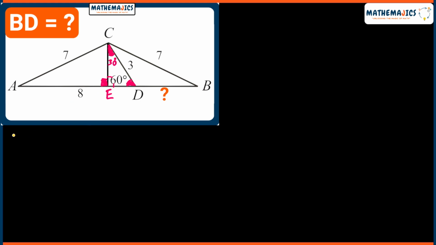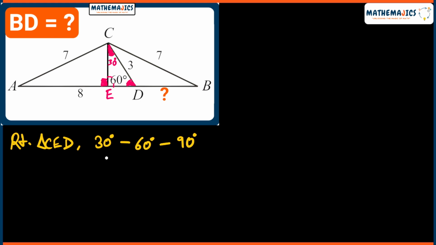Let's keep our focus on right triangle CED. In right triangle CED, the angles are 30 degrees, 60 degrees and 90 degrees. Whenever in a right triangle the angles are 30, 60 and 90, the ratio of sides opposite to 30 degrees, 60 degrees and 90 degrees is fixed.